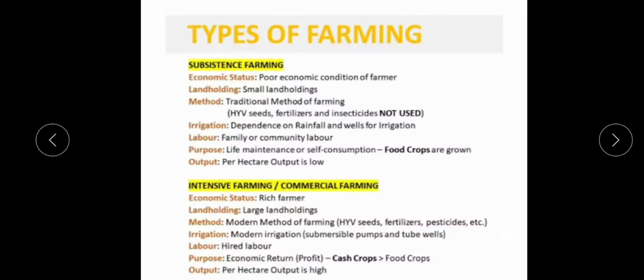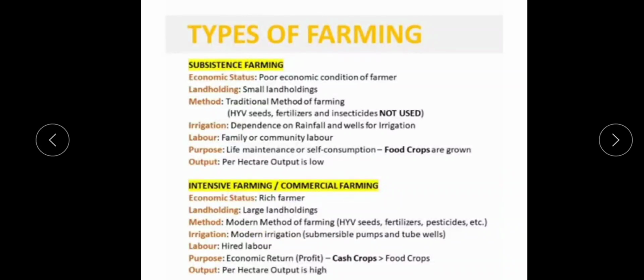You have small holdings in subsistence and large holdings in intensive. In subsistence they practice traditional methods where they don't use HYV seeds, fertilizer or insecticides. But in intensive farming, they use modern methods, with fertilizer, pesticides and HYV seeds.